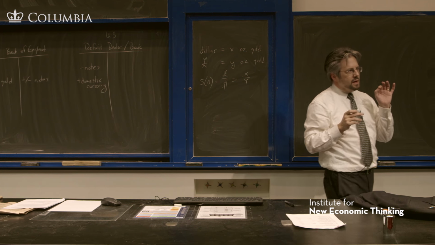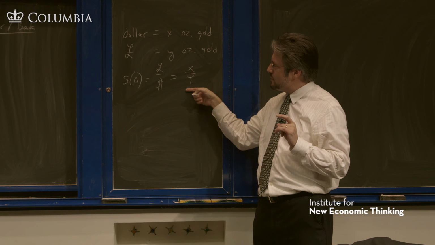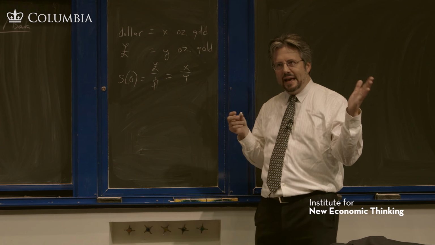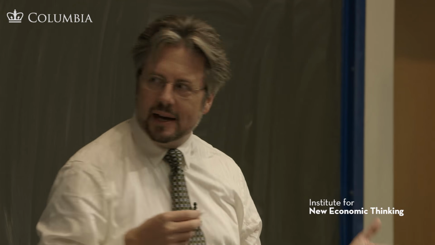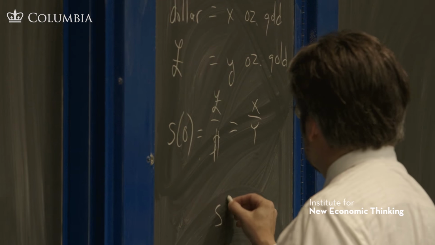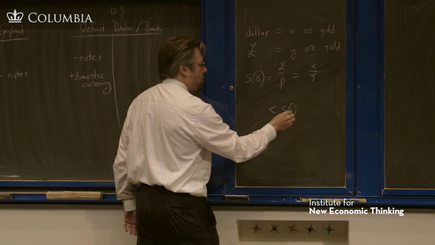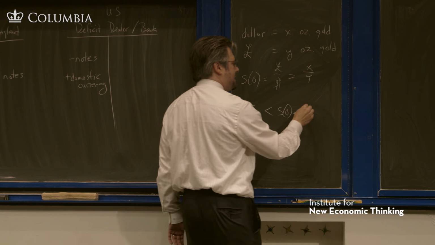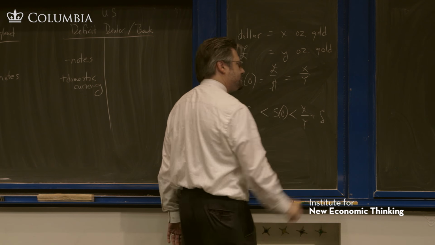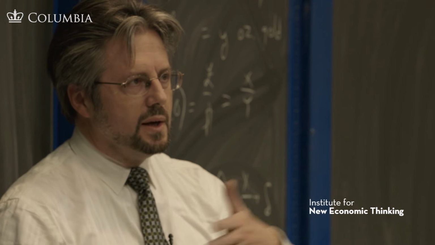But that doesn't mean the exchange rate is necessarily exactly equal to that, because what holds that exchange rate in place is the movement of gold. And it costs something for gold to move. So 2 lectures ago, again, I said that in fact the exchange rate is going to be between X over Y minus delta and X over Y plus delta, where delta is determined by the cost of shipping gold back and forth.